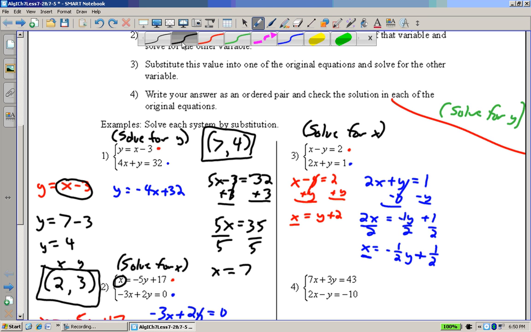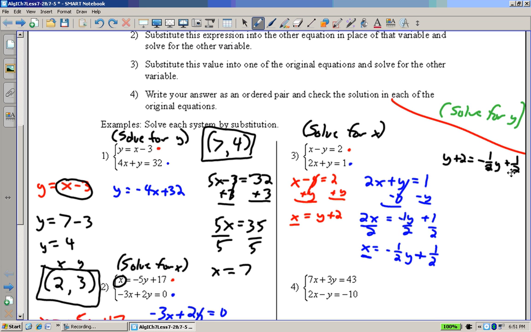This is good. Okay, so now let's go ahead and put the red on one side, put the blue on the other side. And we need to solve this.